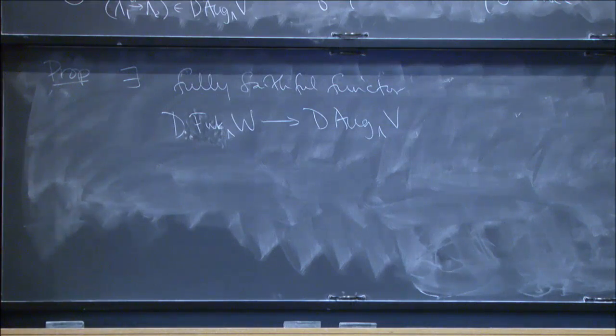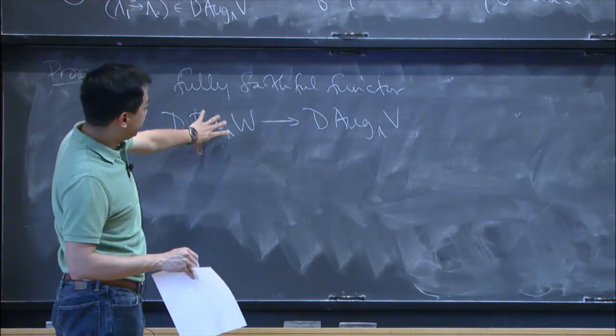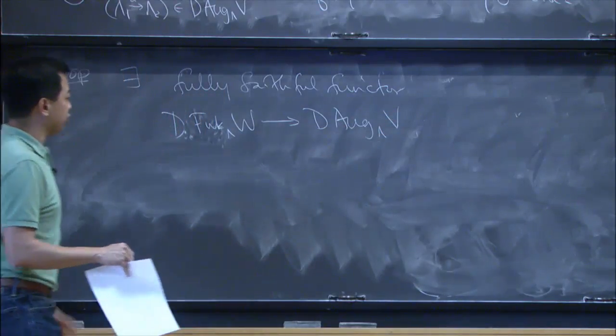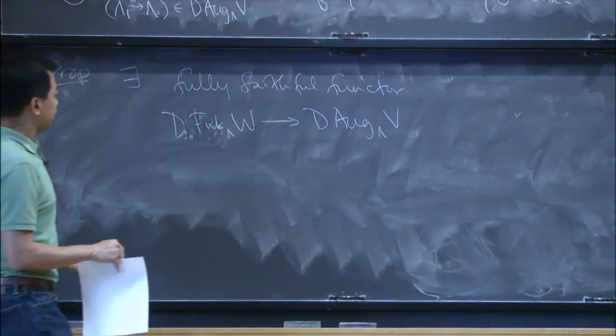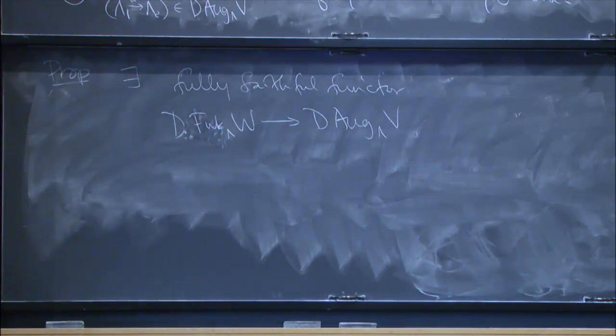This is just supposed to say that if you have an exact Lagrangian filling of some Legendrian, then you get an augmentation over here. And this is just some derived version of this. So you get a functor from here to there. Checking it's fully faithful requires some work, and possibly, in this case, you can use Baptiste's work on Dulu.